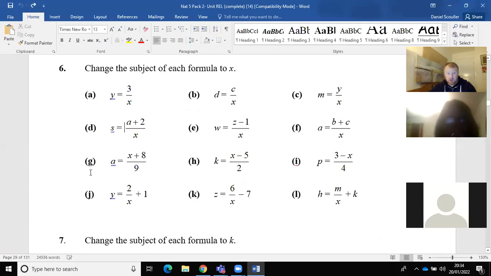So if I go on to G now, and then we're trying to solve this to find X, what order do we need to do that? If I just write that down: A equals X plus 8.